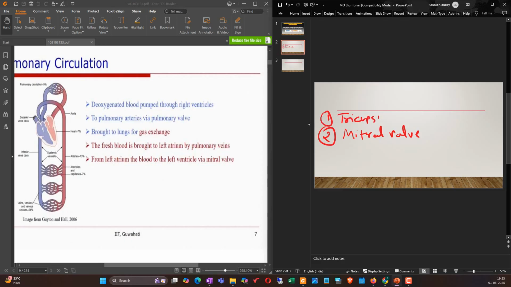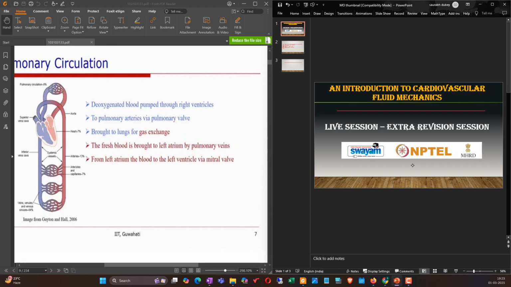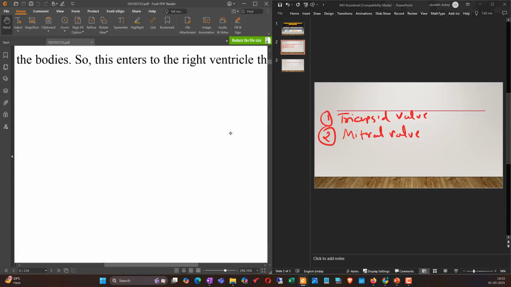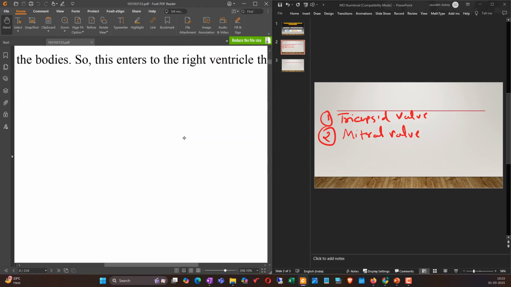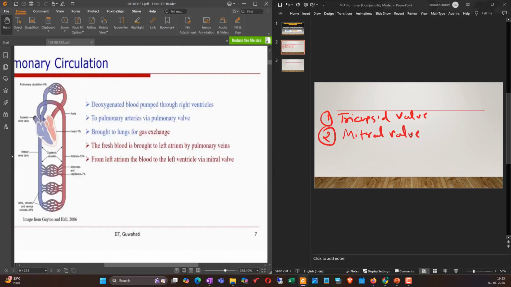Tricuspid valve, if you remember. Tricuspid, right?